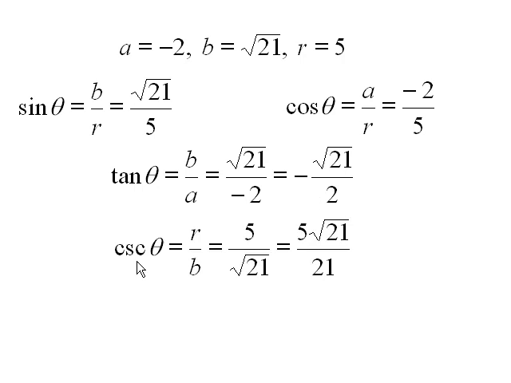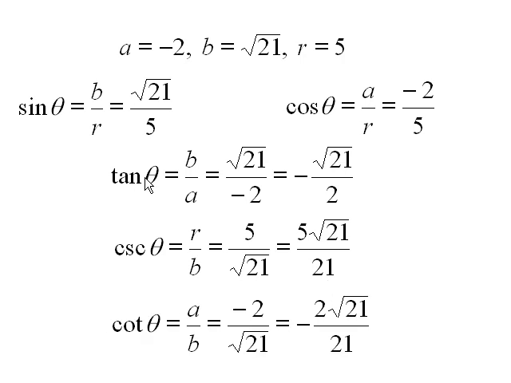Cosecant's the reciprocal of sine, so instead of b over r, it's r over b. Flip: root 21 over 5, and then rationalize the denominator to get cosecant. Cotangent's the reciprocal of tangent. Let's do that one. So we had tangent, so we've got cotangent.